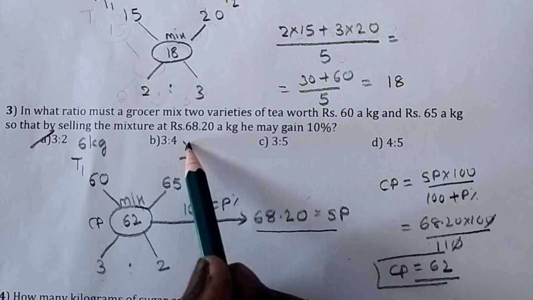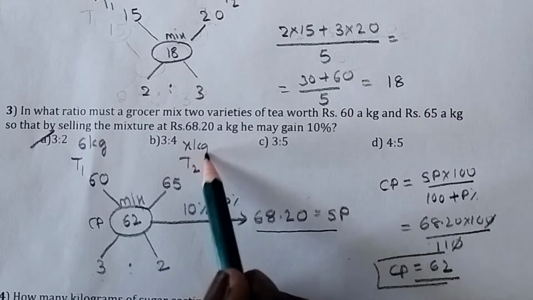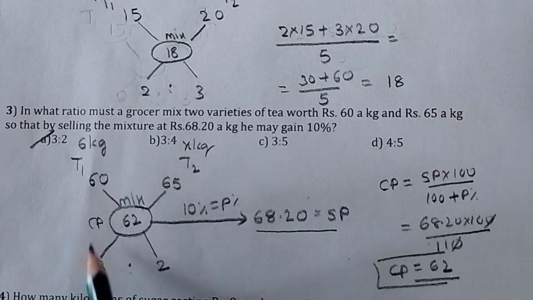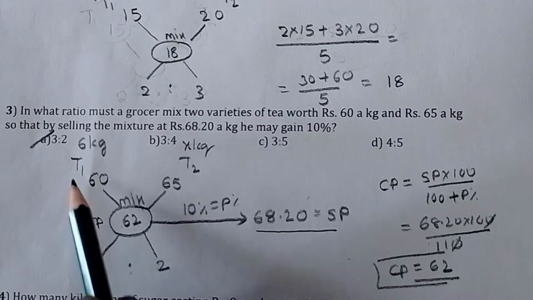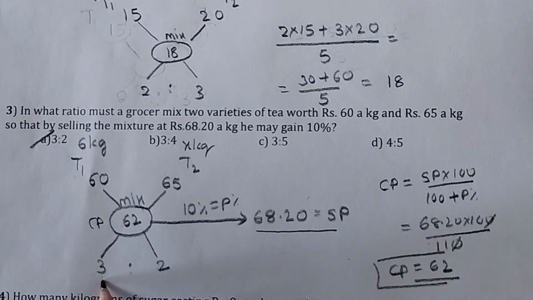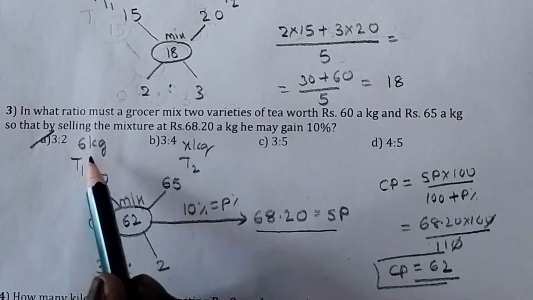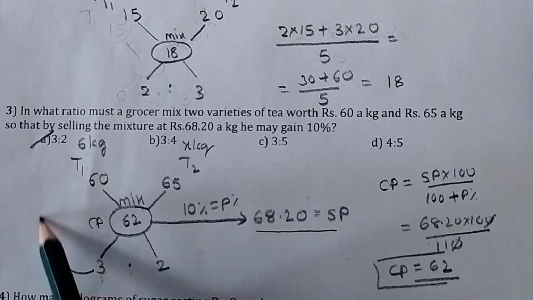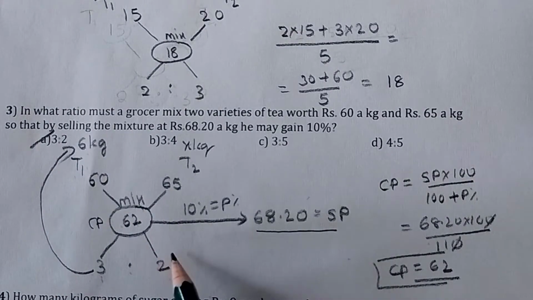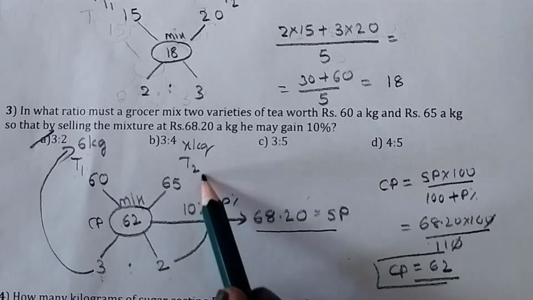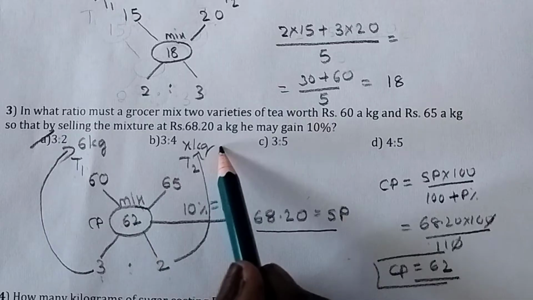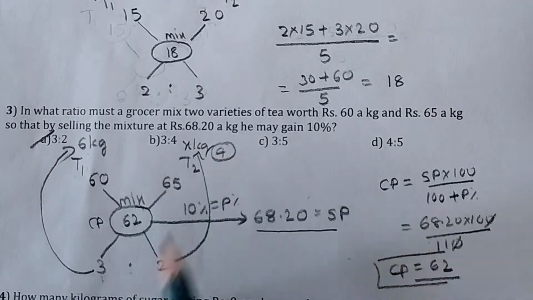So I'm going to take some x kgs. Now anyway, we got the ratio between T1 and T2 is 3 units and 2 units. If 6 kgs is type 1, that means 3 units is 6 kgs. How many units will be x kgs? Definitely 4. So your answer is 4.